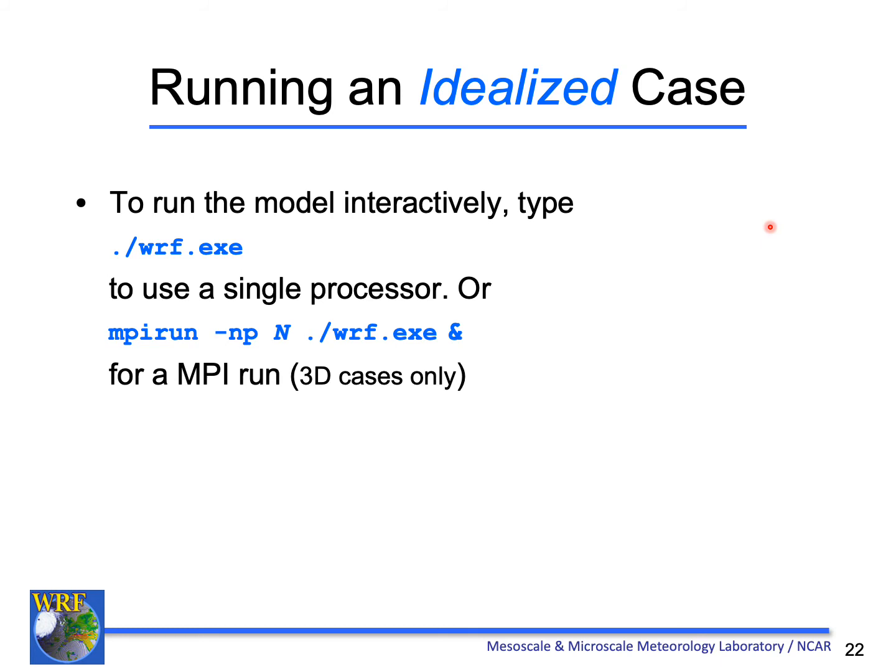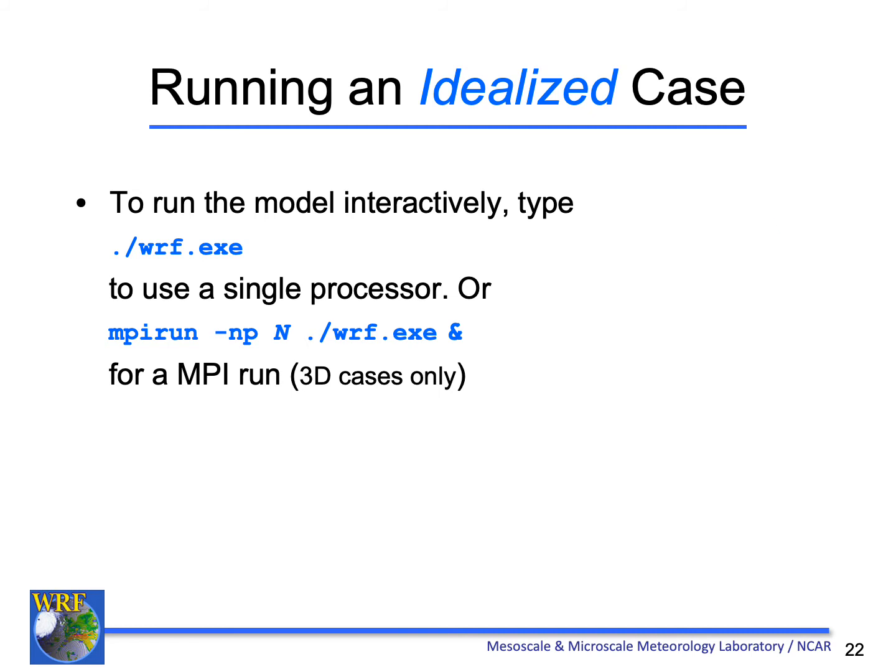After we create the initial condition file, we can move on to run the model. Again, because the number of grid points are small in these idealized cases, one can run the model using just a single processor or with just a few processors.